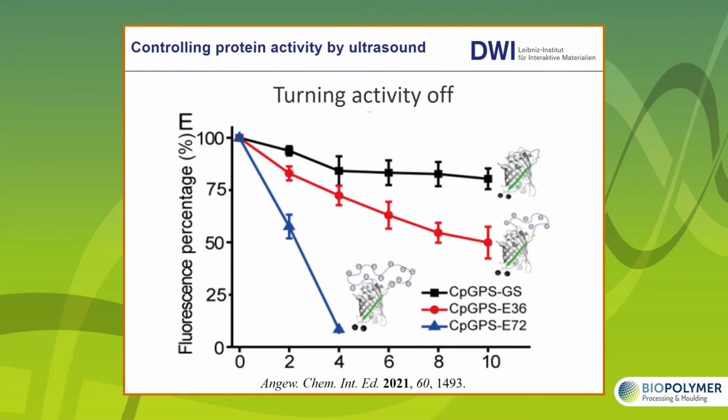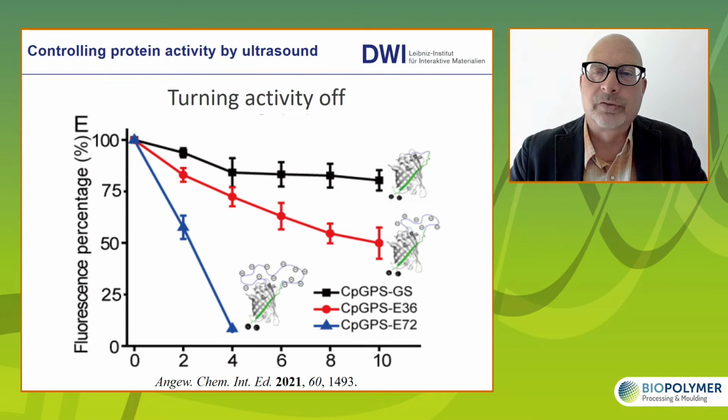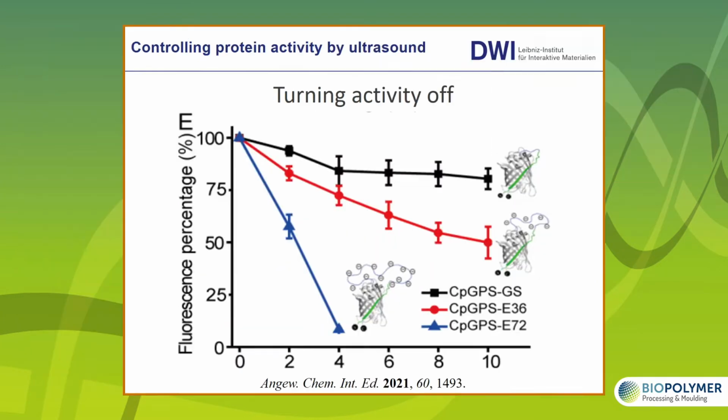Here are some experimental data that really document that this works very well. The black line in the curve shows that we have used a green fluorescent protein structure with a very small loop, so there's no chance of transferring shear forces on this protein. This means upon ultrasonication, there's no influence on the protein function.